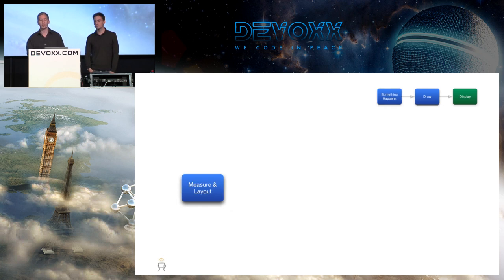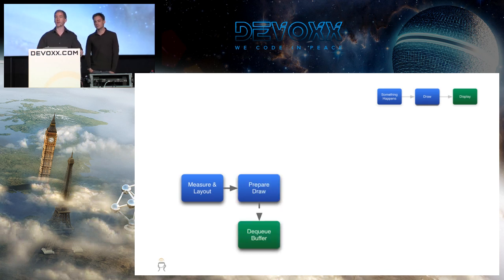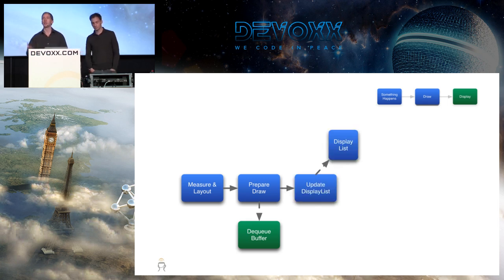So then we're into the second logical block, which is drawing. There may or may not be measure and layout that occurs along the way. And after that, we prepare to draw. We basically ask for a buffer to draw into, which is called dequeuing the buffer. So we ask Surface Flinger to give us a buffer so that we have a place to actually put all this stuff. Then we update the display list.